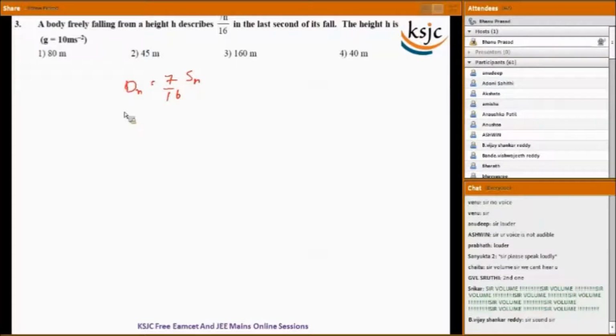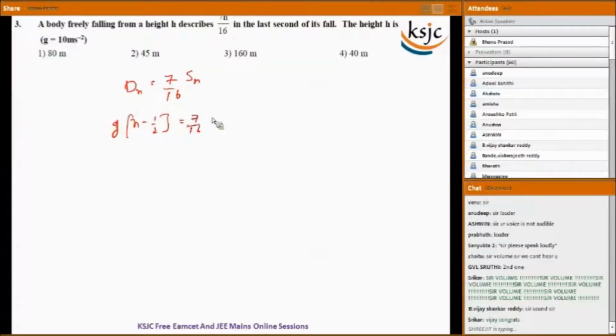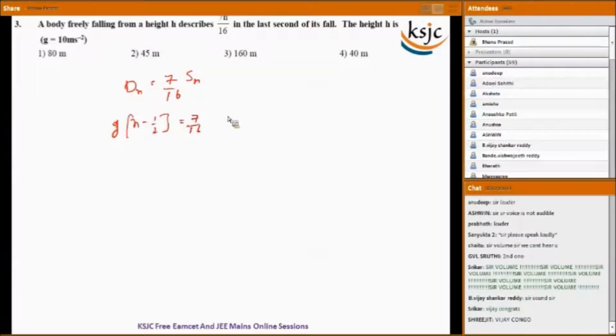So dn for a freely falling body, we can write as g into n minus half, and this is equal to 7 by 16, and Sn is half g n square. Simplify to get the value of n, and after that get the value of h as half g n square.